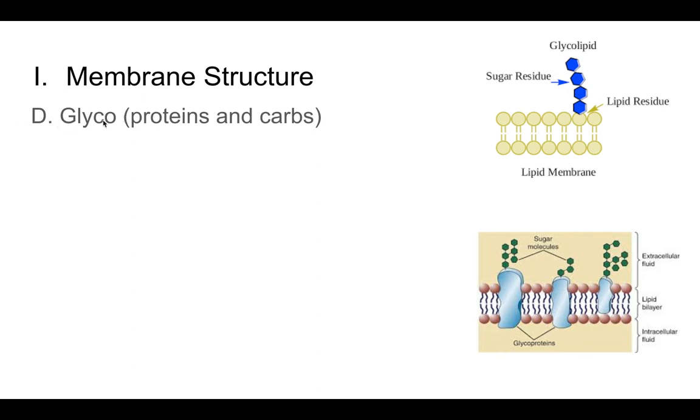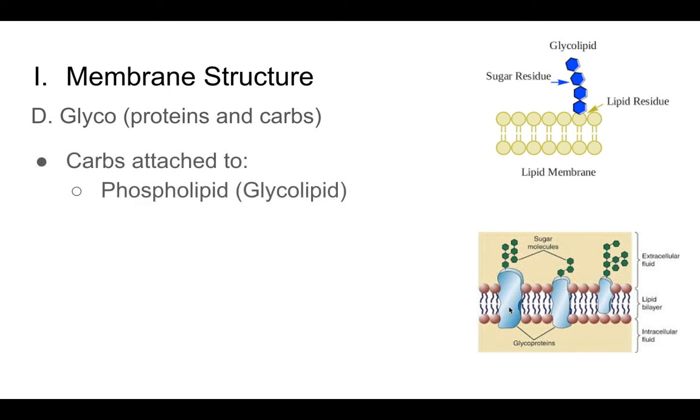So that prefix glyco could help you associate that we're going to stick a whole bunch of sugars onto either a lipid and create something called a glycolipid, or onto a protein in the membrane and call it a glycoprotein. So when we attach carbs to a phospholipid, we get a glycolipid, or to a protein, we get a glycoprotein.